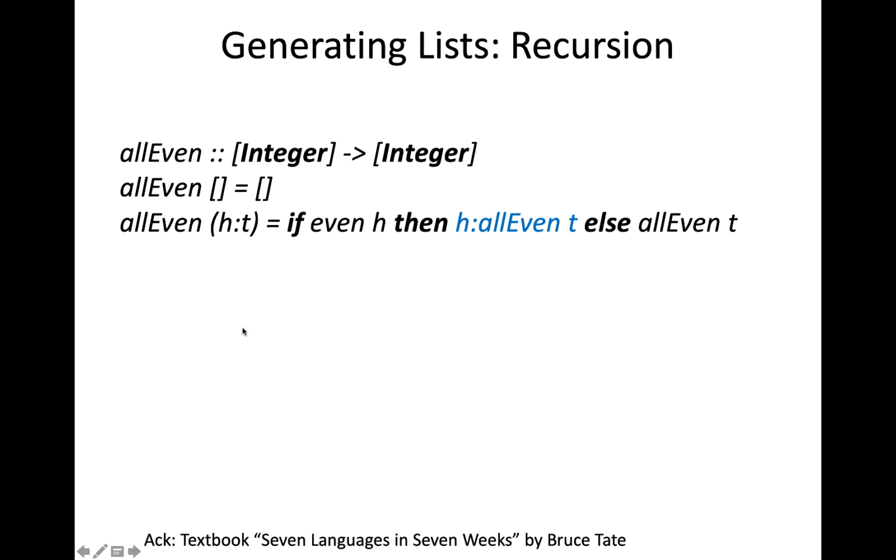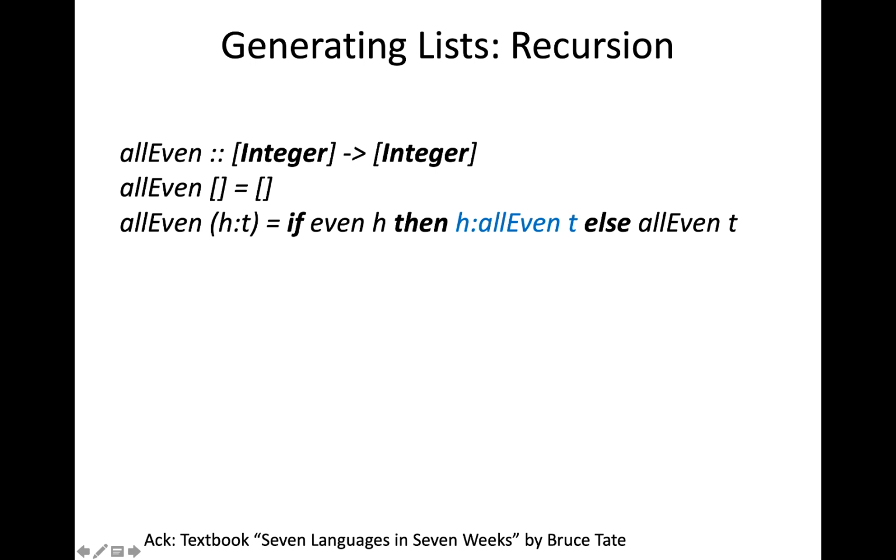Okay, now let's talk about a couple of ways how we can generate a list. With some examples, we'll run this discussion. Say we want to write a function, name is all even, and what does this function do given a list of integers?